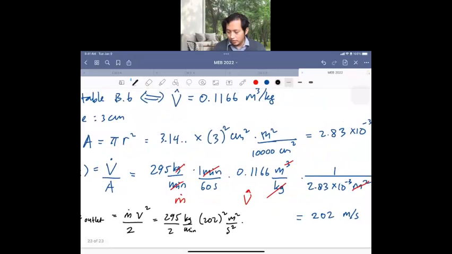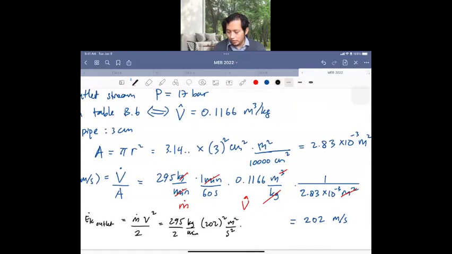and we want to express everything in kilojoule. So we need to use some conversions. Newton is kilogram meter per second squared, and kilojoule is 1000 Newton meter.